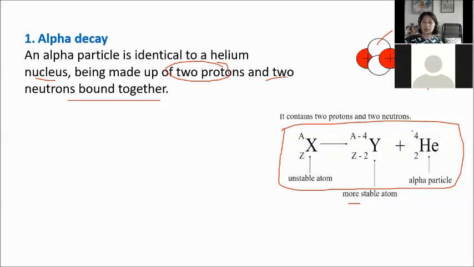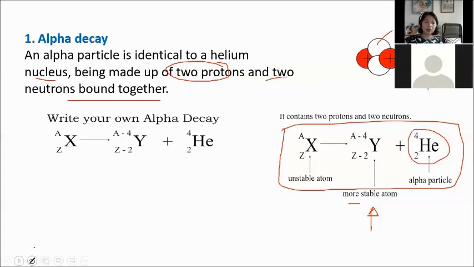And then we have this alpha particle or alpha decay. So the rule is that sa more stable atom from the unstable, we have to subtract 4 from the mass number and subtract 2 from the atomic number. That's to predict the more stable atom from unstable atom by emitting alpha particle.